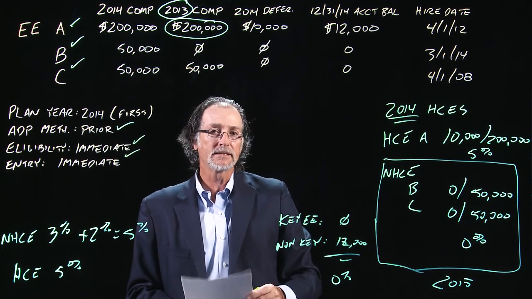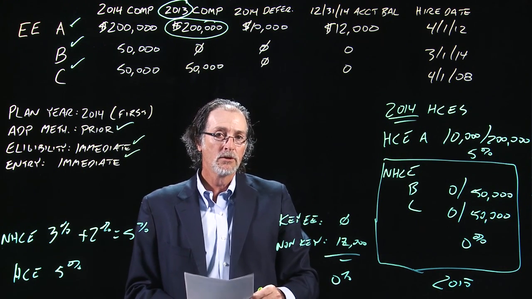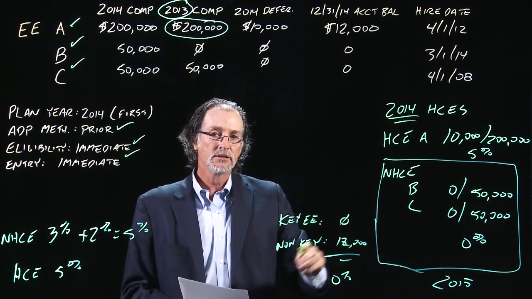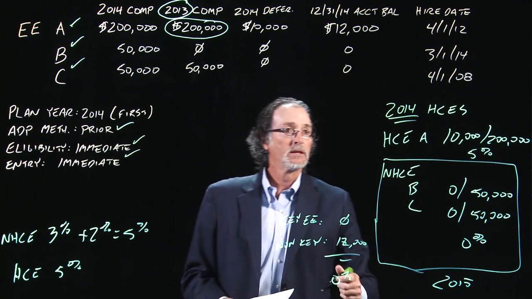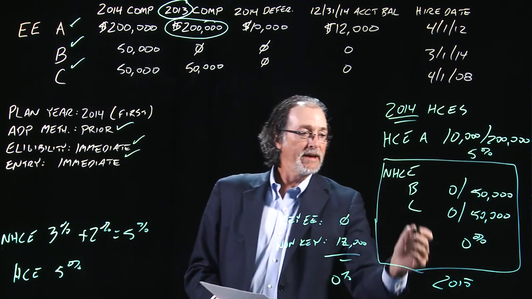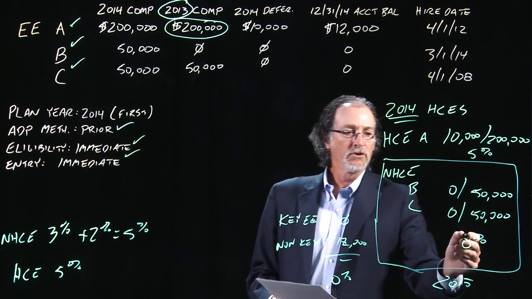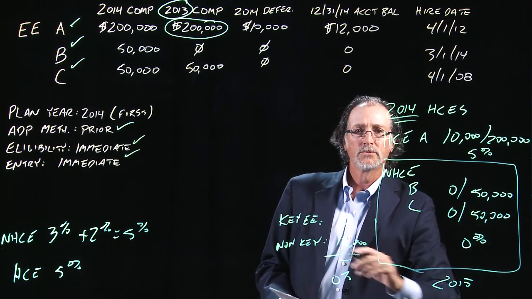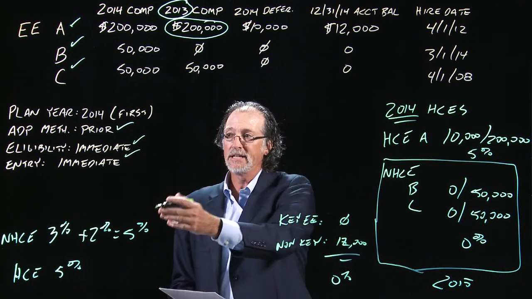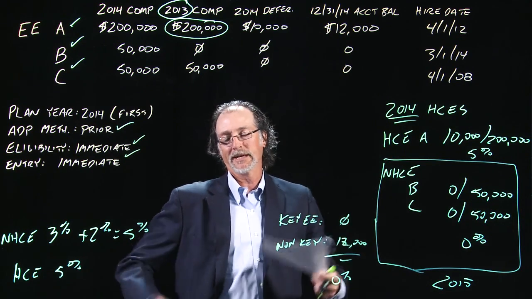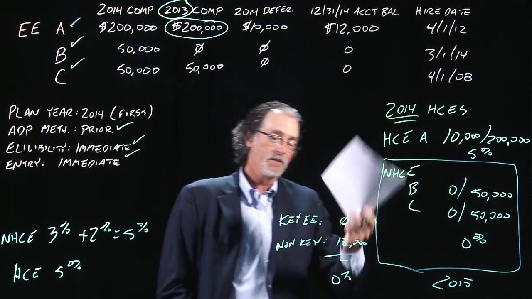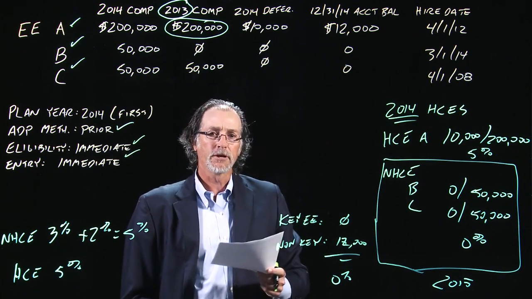So let's take a peek at, since this is prior year testing, we now are able to look ahead to 2015 for our ADP, ACP results. So take a look at here, we have NHCEs. Their deferrals at 0%. So if we look at 2015, if the HCE walks into the office and talks to their HR person, again, it's only 3 people here, but assume there's a bunch of them, what's the most I can defer?